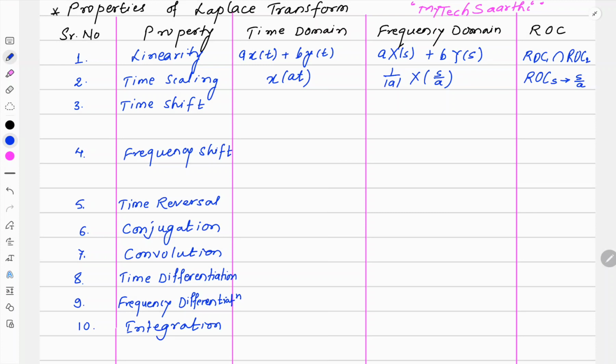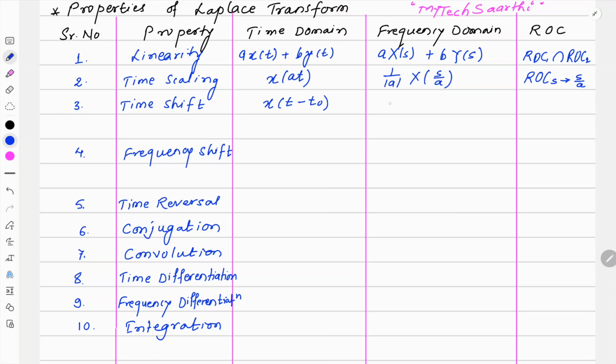Third property is time shift property. So x of t minus t naught is time shifted version of your x of t signal. If you shift time domain signal, in frequency domain this signal will be multiplied by the shifting factor.